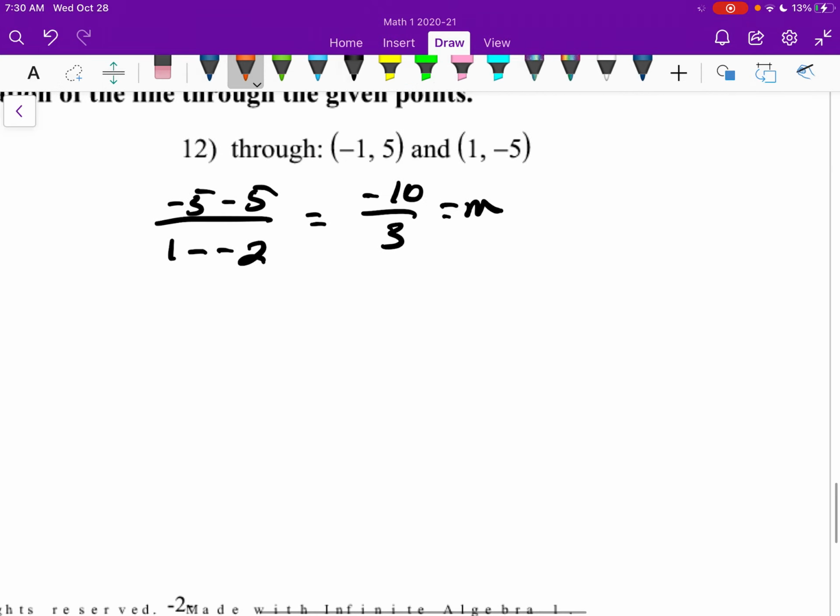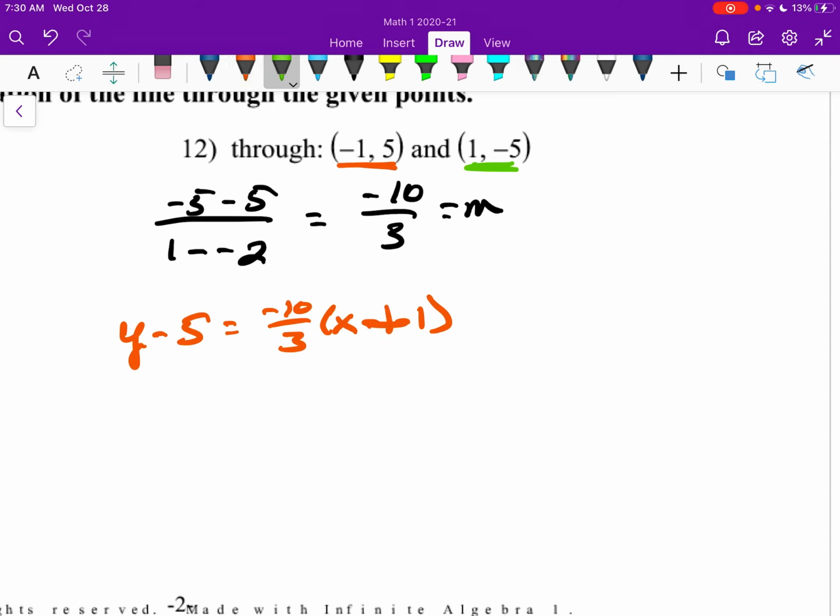All right, number 12. So again, we have 2 points. So we need to start off with the orange one, and then after you finish with the orange one, the first point, you're going to check and see, well, is that listed? And if it's not listed, then you're going to look at the second point. So we're going to have y minus 5 equals negative 10 over 3 x minus negative 1. Really, that's an x plus 1.